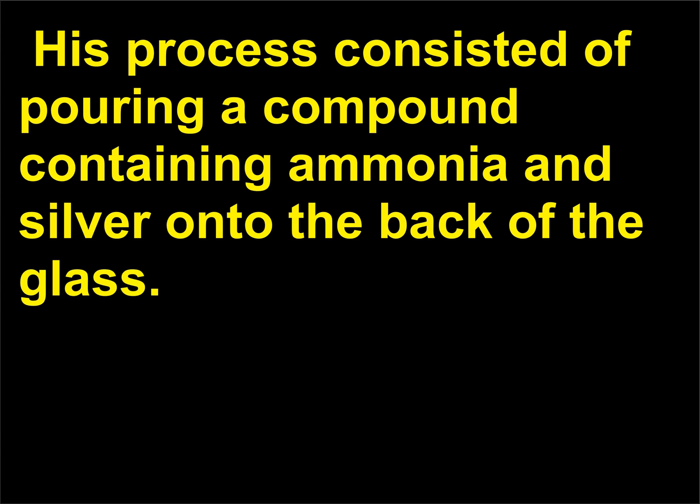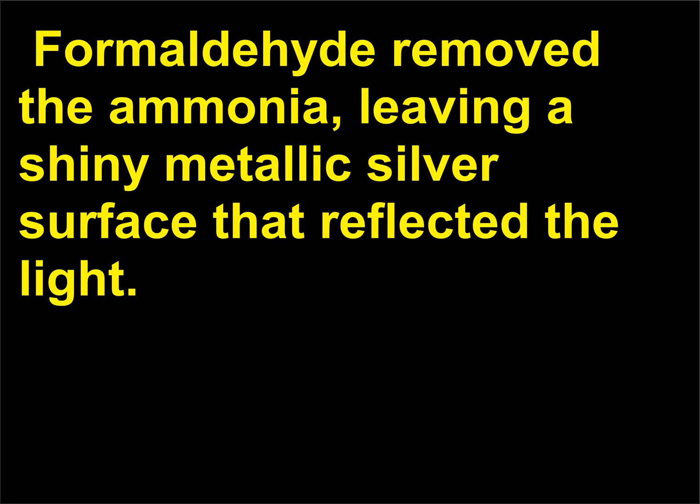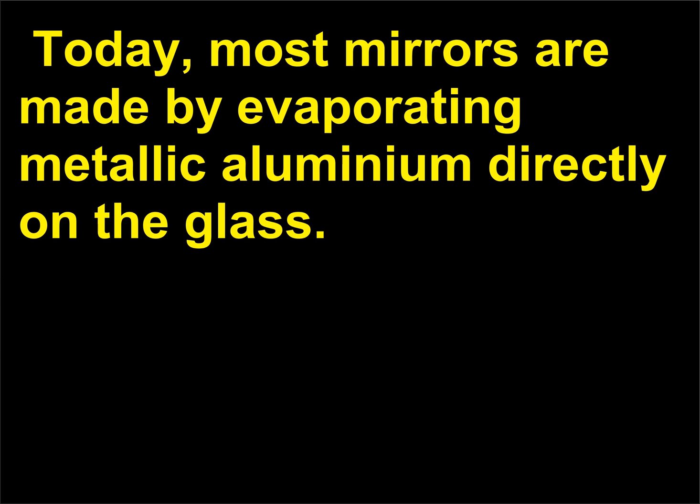His process consisted of pouring a compound containing ammonia and silver onto the back of the glass. Formaldehyde removed the ammonia, leaving a shiny metallic silver surface that reflected the light. Today, most mirrors are made by evaporating metallic aluminium directly on the glass.